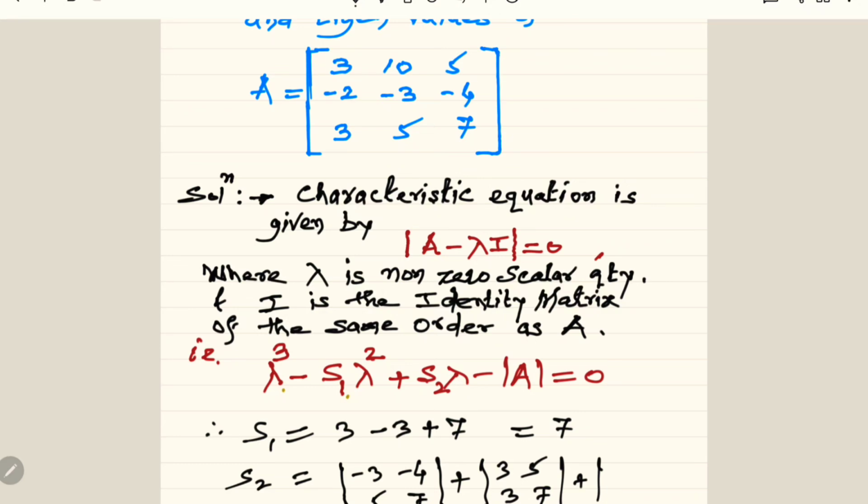Then the minor of the third diagonal element 7: neglecting the row and column containing it, the remaining elements are 3, 10, -2, -3. I take the determinant of that, 3, 10, -2 and -3.